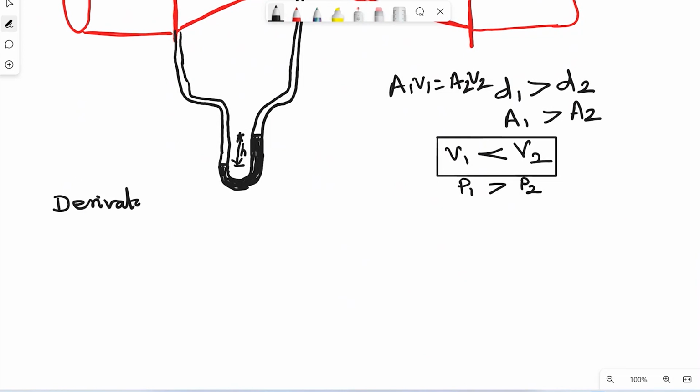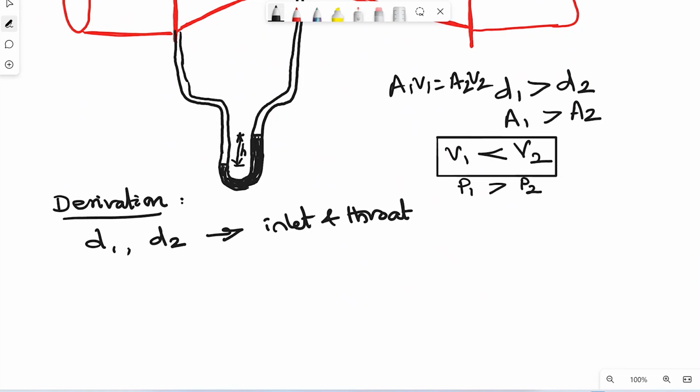Now straight away let us go to the derivation part quickly. Let D1 be the diameter of the inlet and D2 be the diameter of the throat.